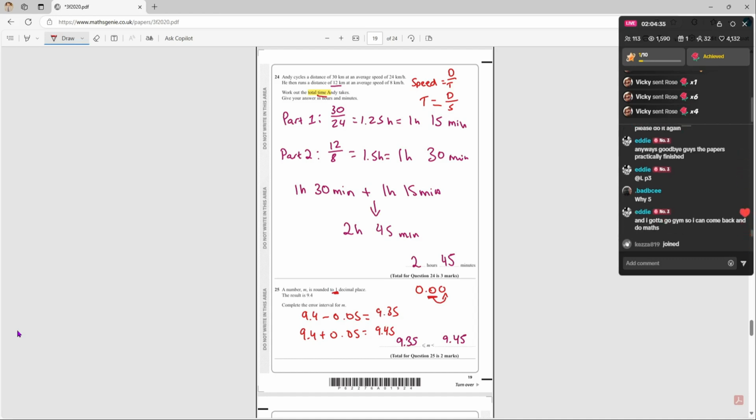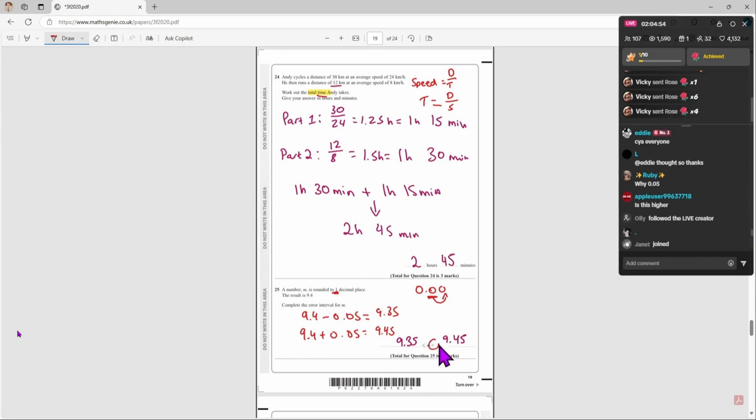Why is it 5? Because when you're rounding, you can round 9.35 up to 9.4, and you can round 9.44 down to 9.4. It will give you the same answer.